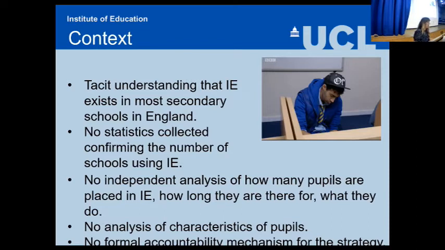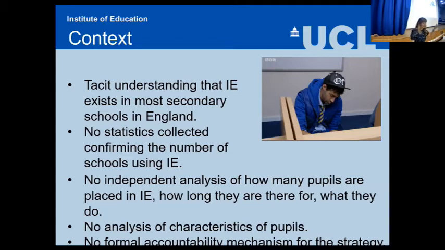So, for example, there aren't any official statistics saying how many schools use IE. We don't know how many pupils are affected by IE. We don't know how long they attend IE for, and we don't know what they do when they're there. I think what's particularly troubling is that there aren't any official statistics or analysis of the characteristics of pupils that attend IE.